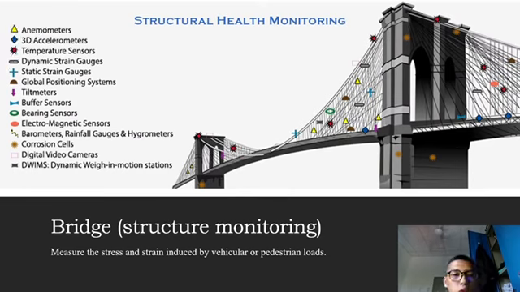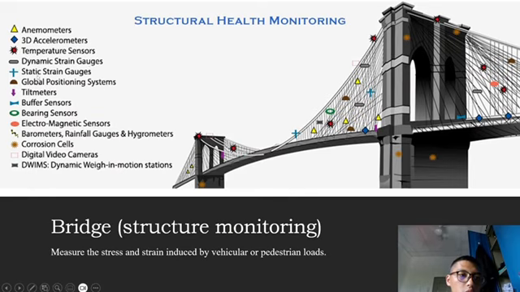This shows the bridge structure monitoring. So the strain gauge will be applied into the bridge. So this is the legend of strain gauge, where the strain gauge will be attached.